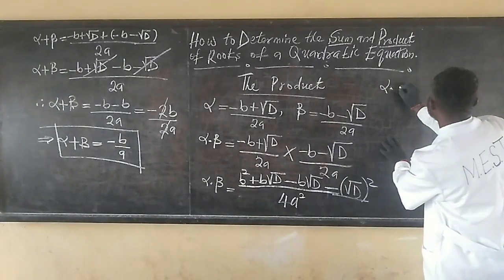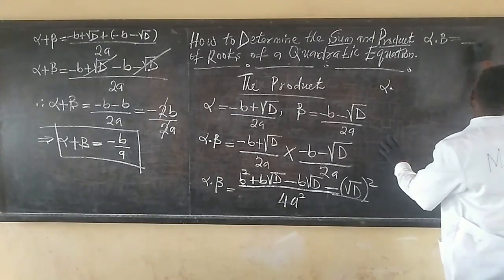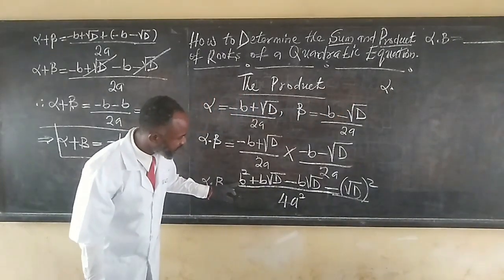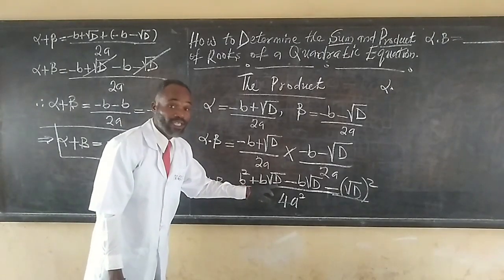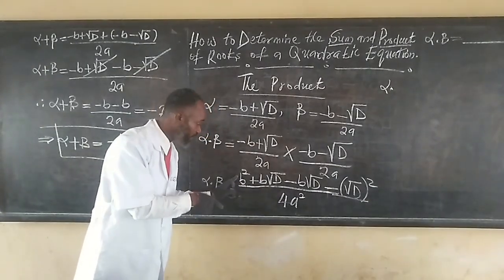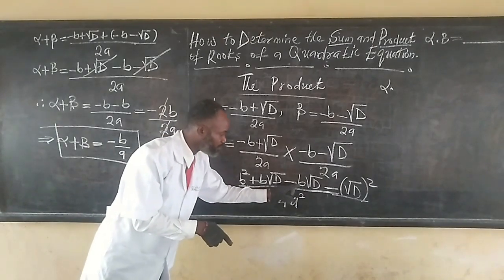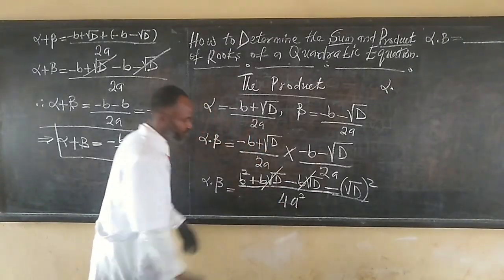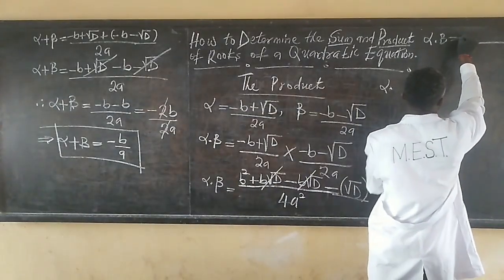Alpha dot beta: b squared is there, but plus b square root d minus b square root d will vanish. So we go with this out, and we are left with b squared.